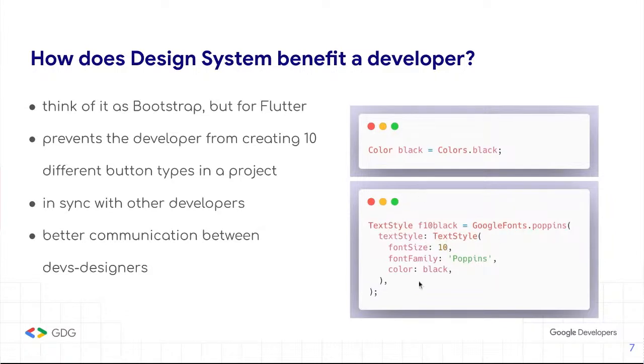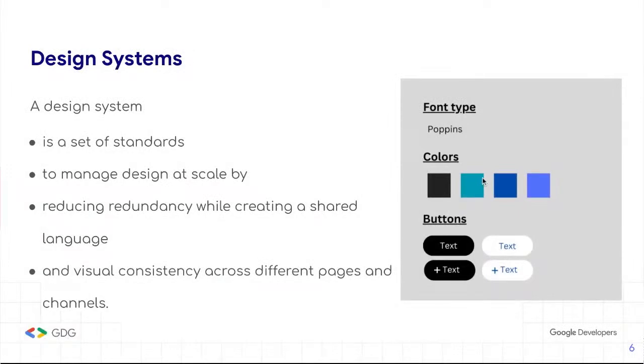If you are not using this file and you're manually going and changing it at the 10 places, you might forget to change it at one of the places, because if you're using it in 100 different places, the chances of missing one place are quite high, and that could create a miscommunication between the developers, which can be resolved if you store all of the constant values in one file. It also means better communication between the developers and the designers, because of this shared document, which both can agree upon.